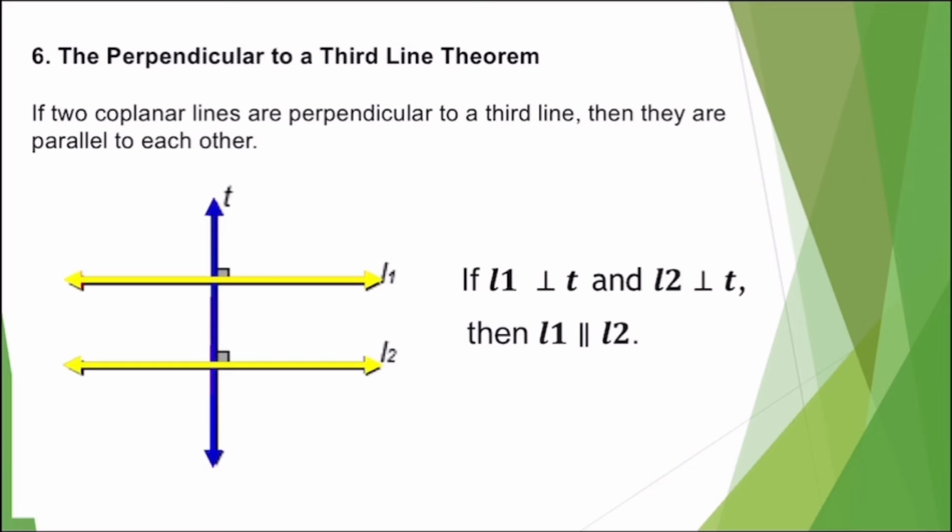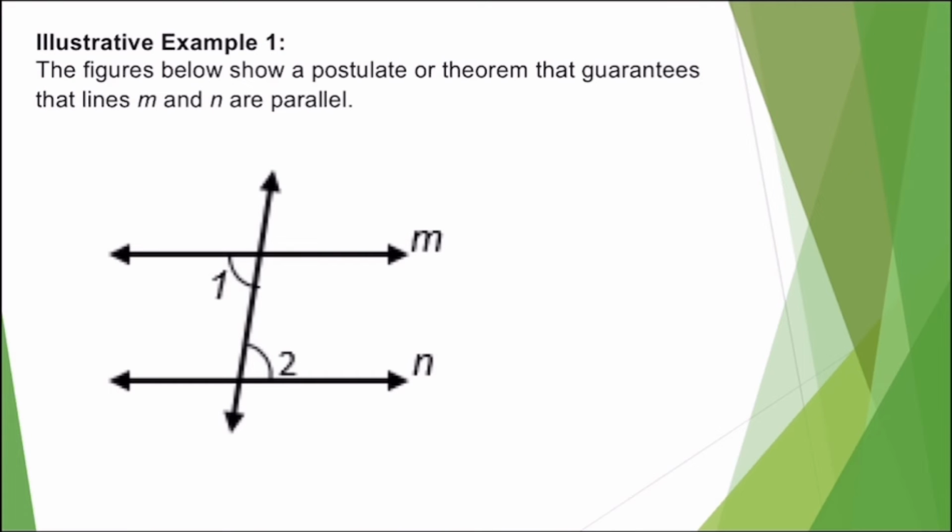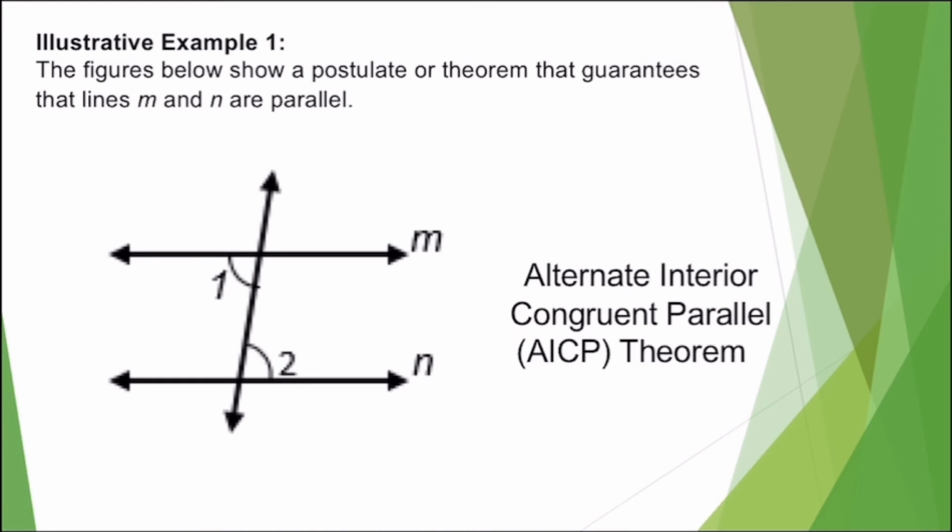Now, for our example number 1, the figures on the slide show a postulate or theorem that guarantees that lines M and N are parallel. So, for our first figure, the theorem here is alternate interior congruent parallel, or the AICP theorem.